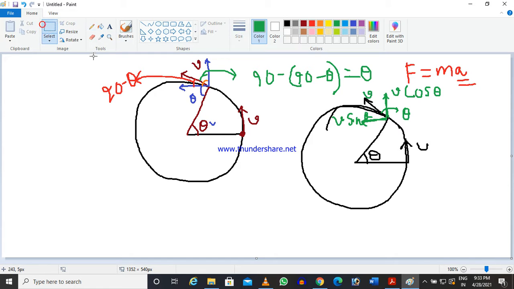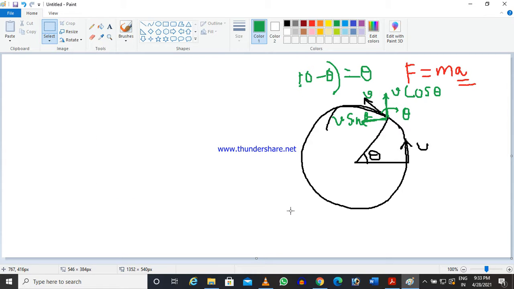Now acceleration is nothing but the rate of change of velocity with respect to time. When the particle was at position A, only the vertical component was there. There is no horizontal component. But when it has reached position B, it has both horizontal and vertical components. Now we can assume that theta tends to 0, very small.